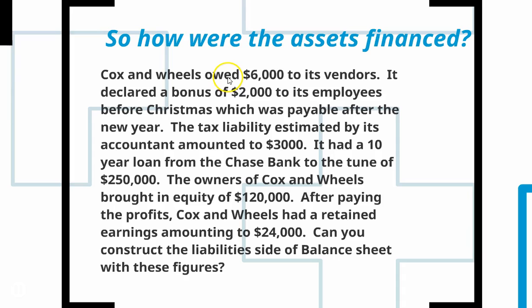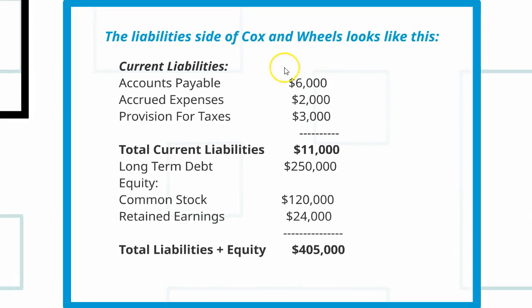Yes. Let's first look at the $6,000 that Cogs and Wheels owed to its vendors. What is this amount? This amount is the accounts payable, which appears under the current liabilities of Cogs and Wheels balance sheet.